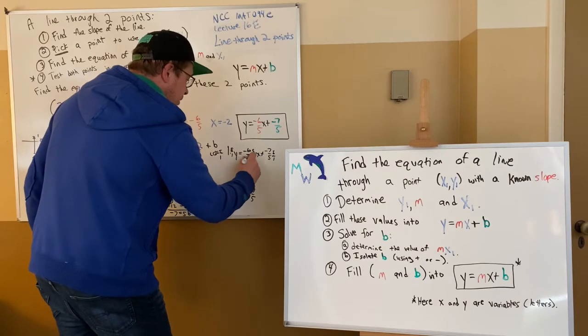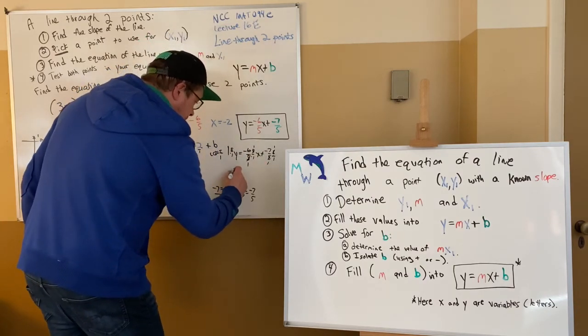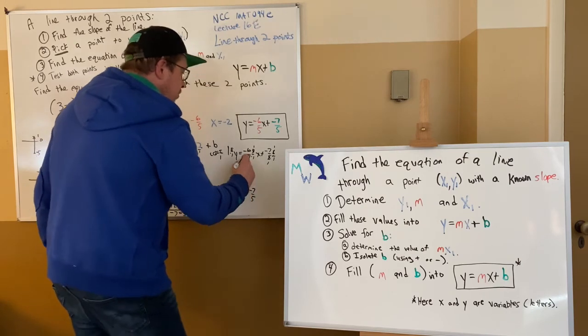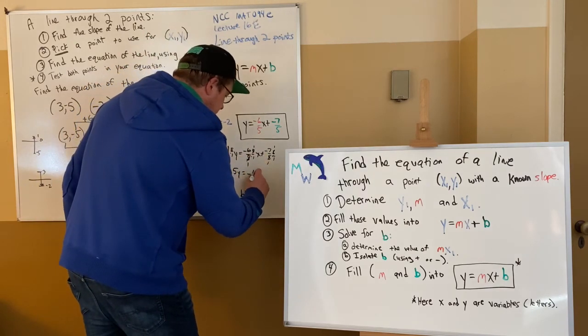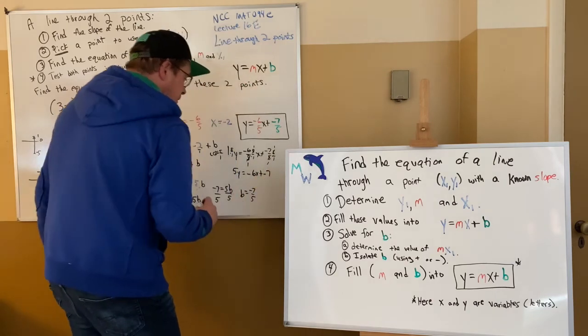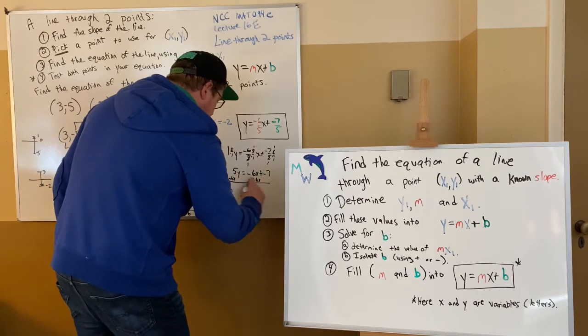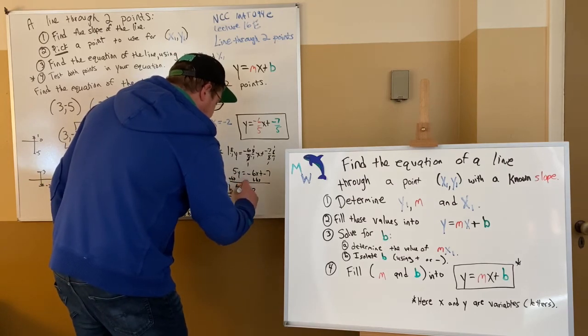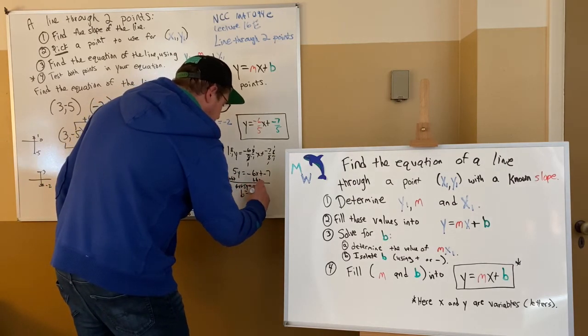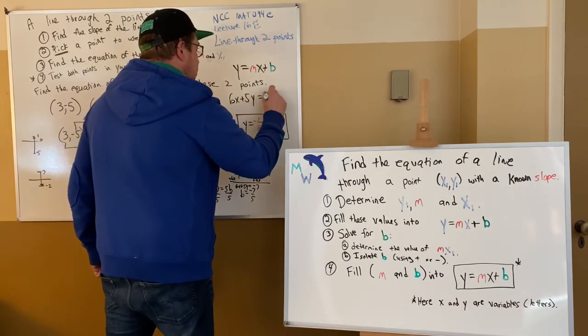No canceling here, but the 5's cancel, the 5's cancel. And we get 5 times y equals negative 6 times 1 with x, negative 6x, plus negative 7 times 1, negative 7. Add 6x to both sides, and we got what we need. We got 6x plus 5y equals negative 7. 6x plus 5y equals negative 7.